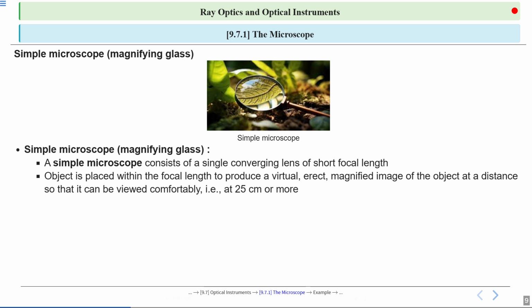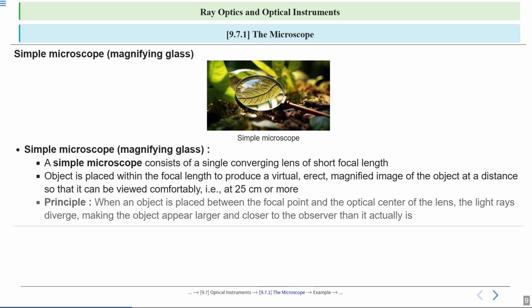The object is placed within the focal length of the converging lens used in the simple microscope. Then the image is formed at a distance of 25 centimeter, that is called the near point or least distance of distinct vision, or more than this distance, so that we reduce the eye strain during prolonged observation.